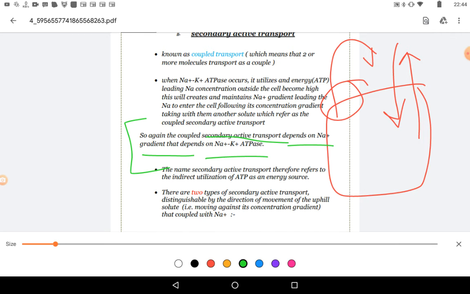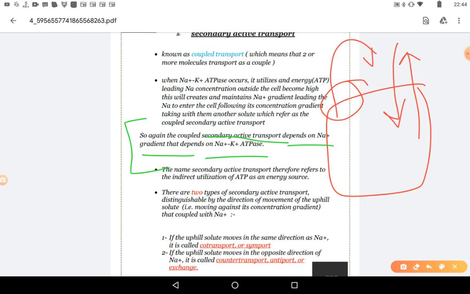There are two types, according to the direction of movement of the uphill solutes, meaning moving against their concentration gradient, coupled with the sodium. We have co-transport, which moves in the same direction as the sodium, and counter transport, moving in the opposite direction of the sodium.